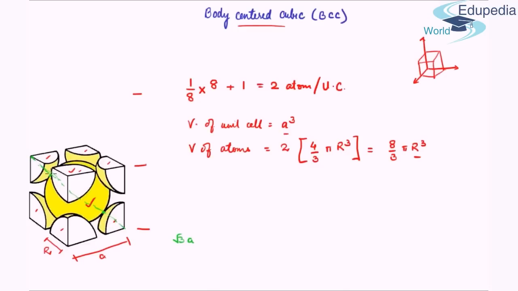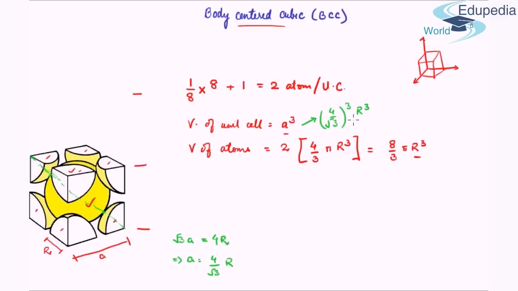This will be single R, single radius. This is also single radius, and this is along the diameter, so 2 times R. Therefore total length is 4R. This gives us a relation between a and R. I can write a as 4 upon root 3 R, and this I'll replace here. This gives me (4 upon root 3) cube R cube.